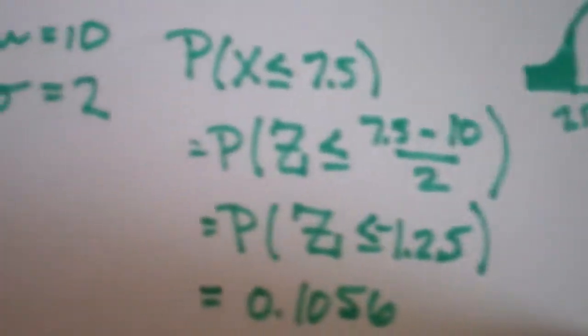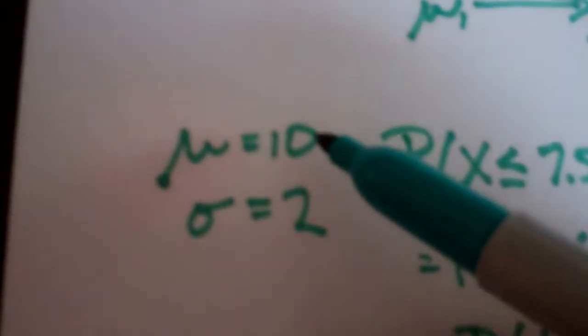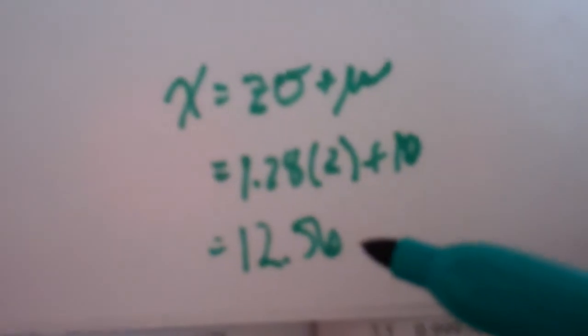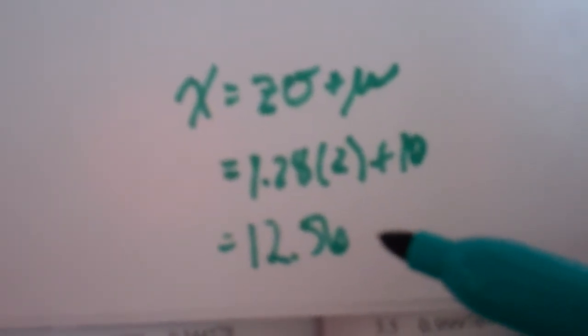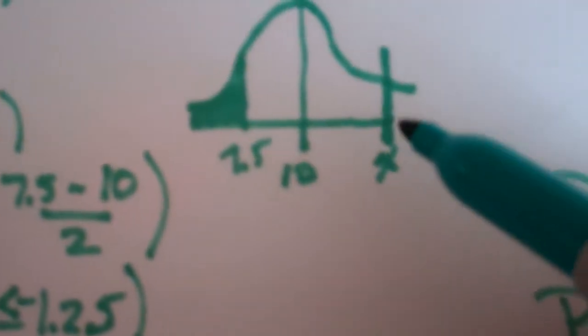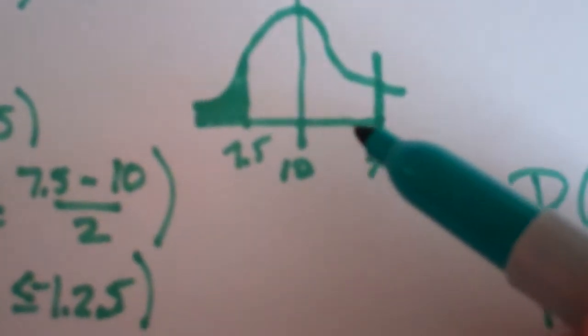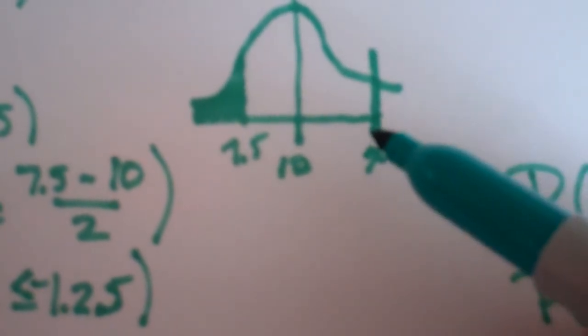So for this situation where the mean is 10 and the standard deviation is 2, 90% of the time I'll have an outcome that is below 12.56. And again, you can see that's up on the upper end of the range where my mean is 10, that cutoff is up here at 12.56.